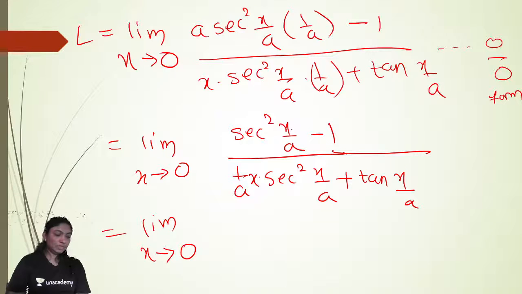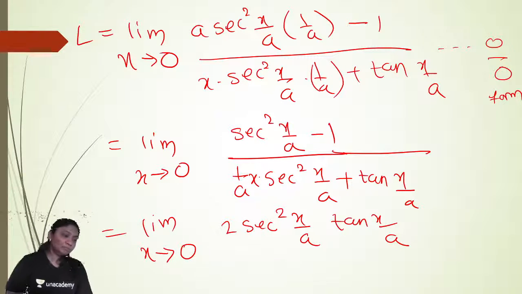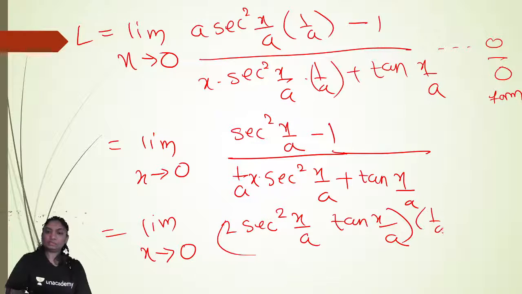So again using L'Hospital rule, we will get here 2 into sec square x by a, tan x by a, that is 2 sec x tan x, right, into 1 by a, and derivative of minus 1.